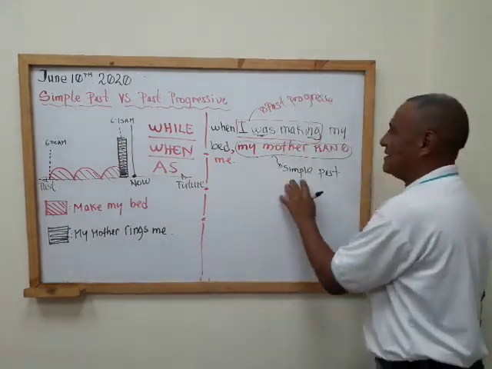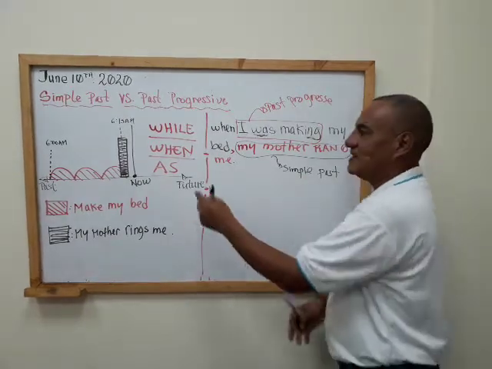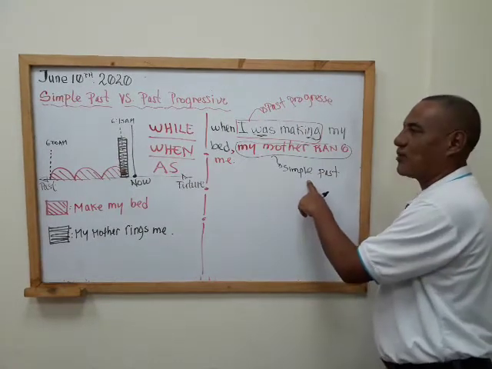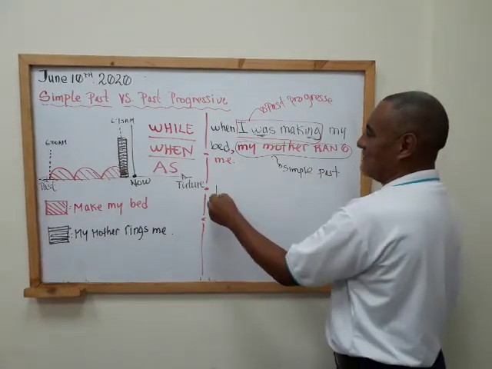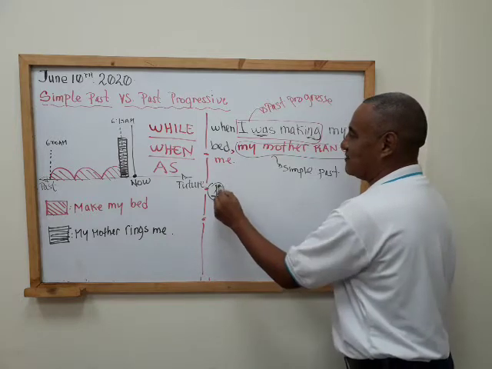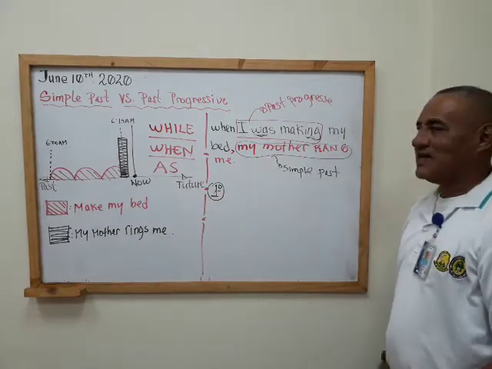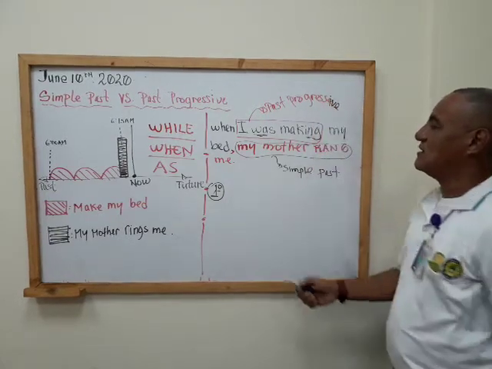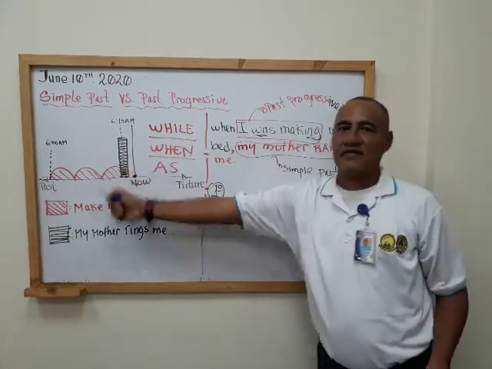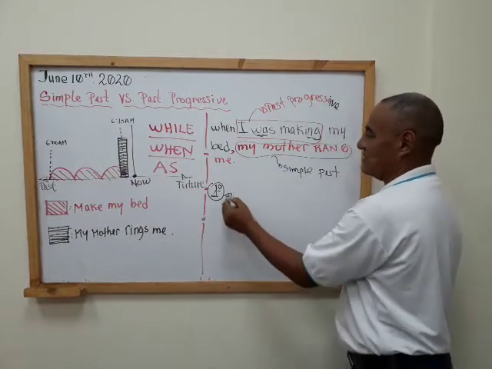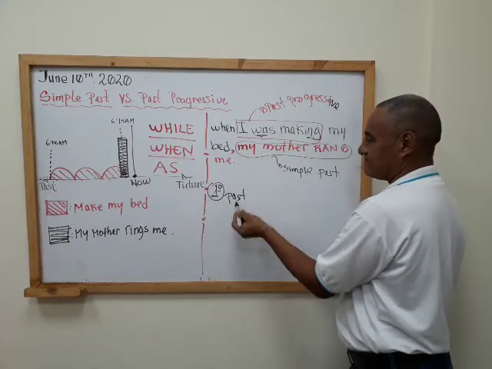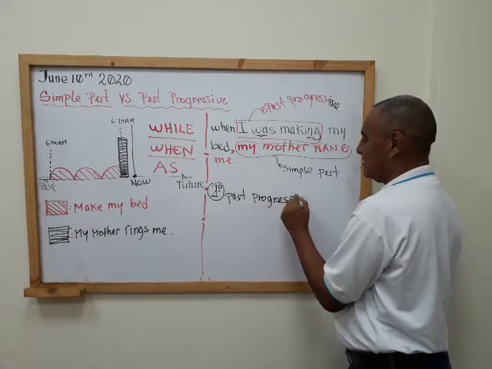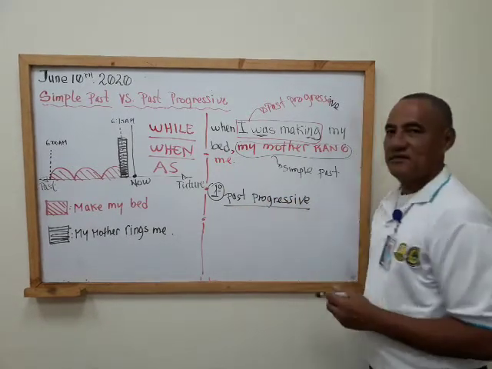Then that's why the action that interrupts the other that is in progress has to go in simple past. Entonces, la actividad que siempre va a ir en pasado progresivo es aquella que empieza ¿qué? Primero. Then, past progressive. Always. Esa siempre la van a ubicar en pasado progresivo.